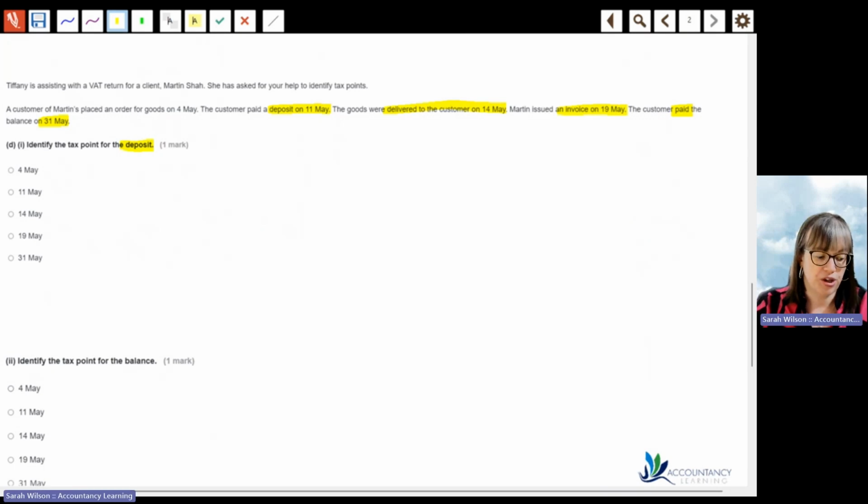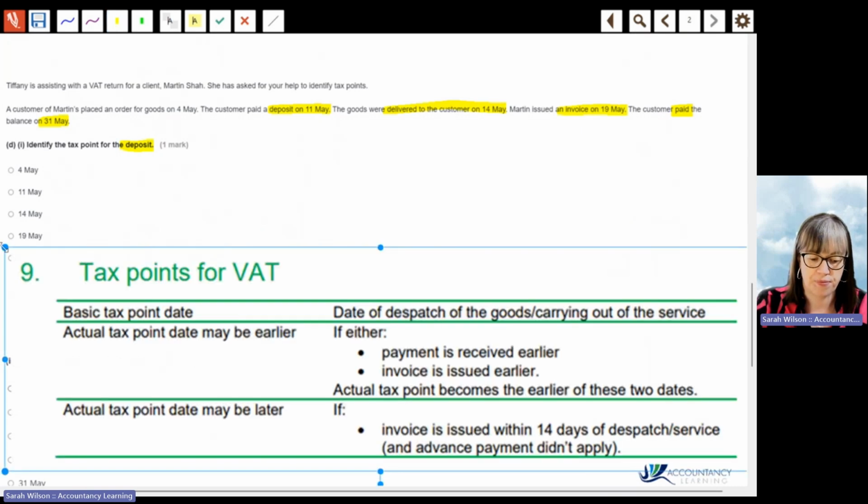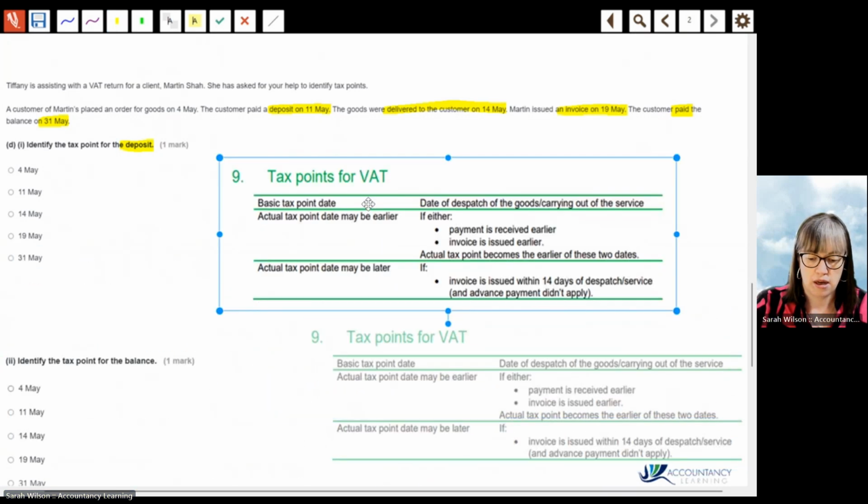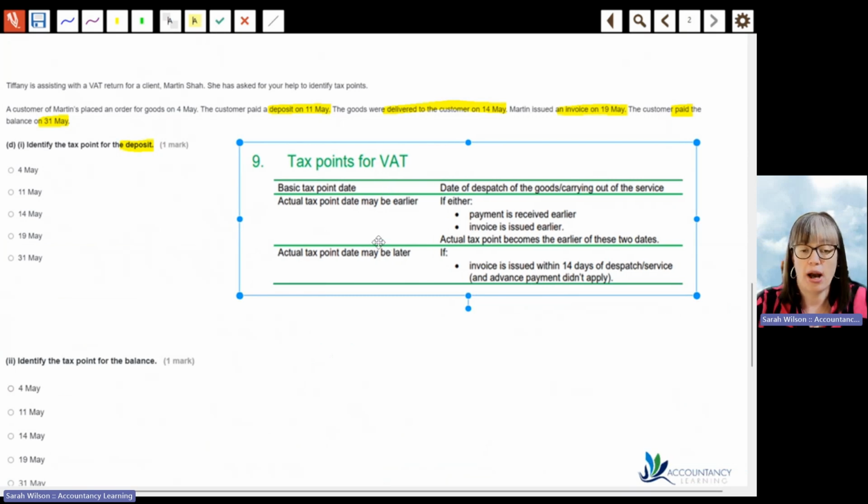We now need to identify the tax point for the deposit. What we're going to do for this one is have a look at our reference material. Reference material 9 will help us with this question. The tax point is usually the dispatch date unless payment is received earlier.